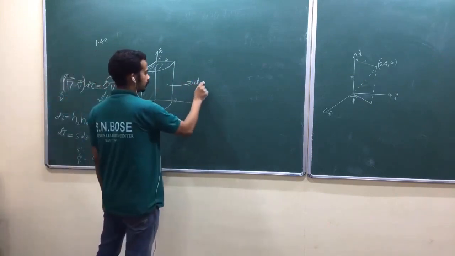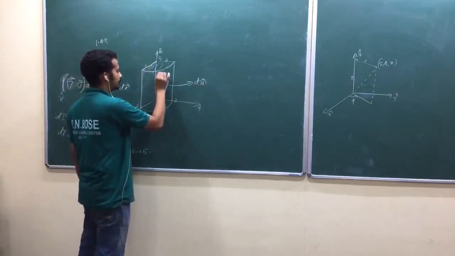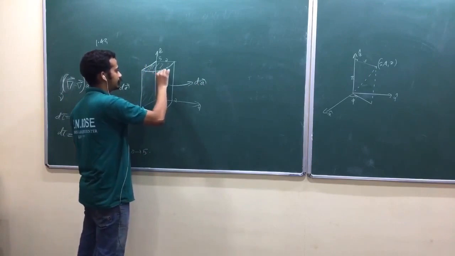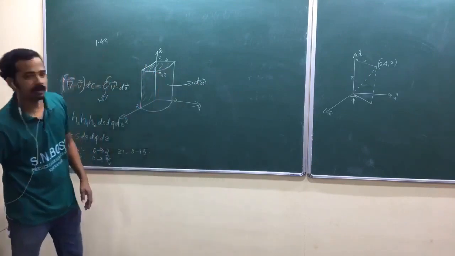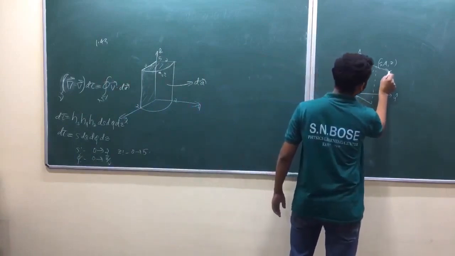What is your area vector? Take any patch of area here. Its direction is along S cap. Can you imagine? What is the S cap direction? This was the S cap direction.